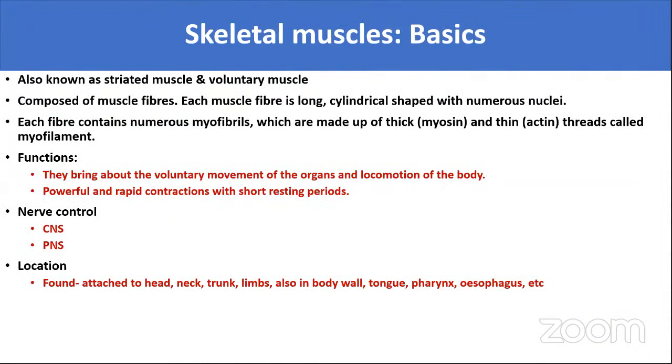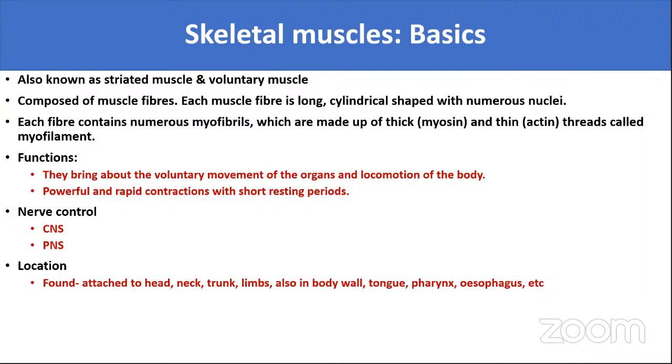Skeletal muscles are also called striated muscles, as well as voluntary muscles. Why is it called striated muscle? Because if you observe it under a microscope, you see the presence of striations, light and dark bands. And therefore, the skeletal muscle is called the striated muscle. Voluntary muscle, because the movement of this muscle is on our own will.